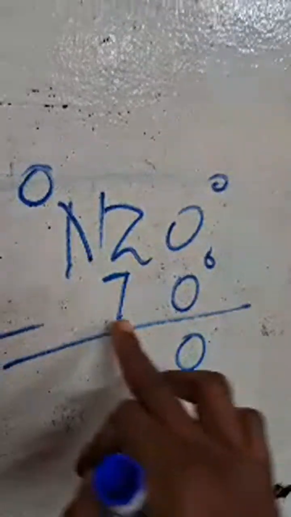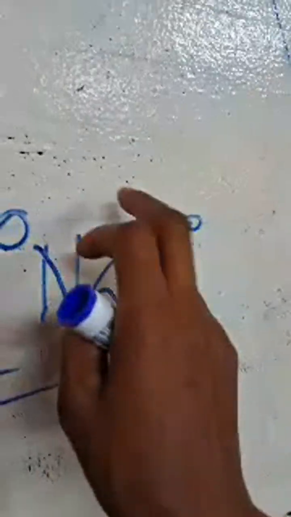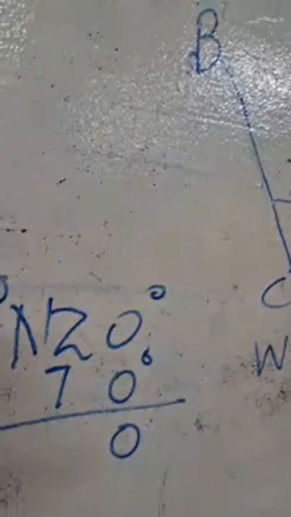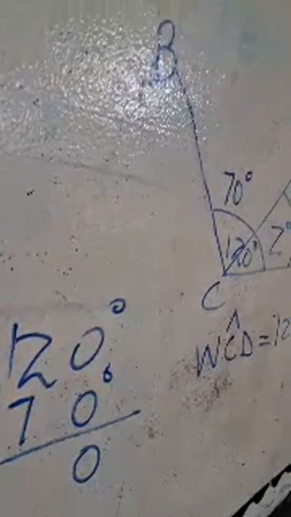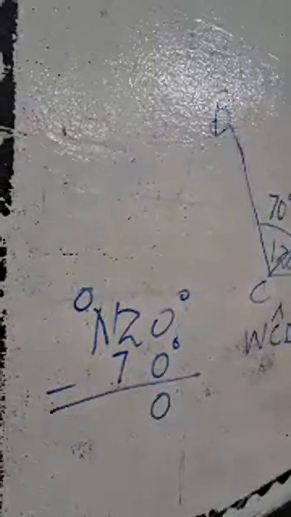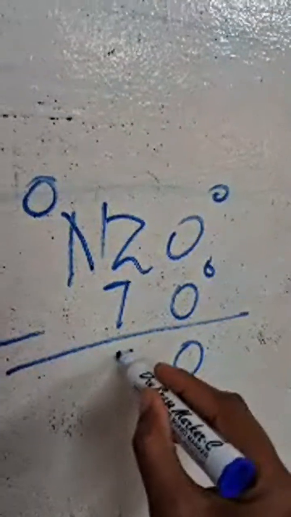So right here, we are going to take 7 from 12, and we are going to have what? Count with me: 7, 8, 9, 10, 11, 12. So we are going to end up with 5.